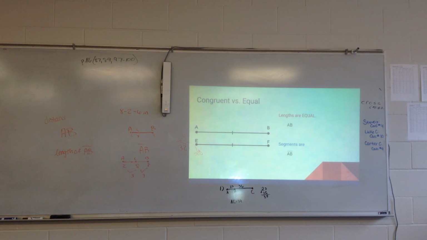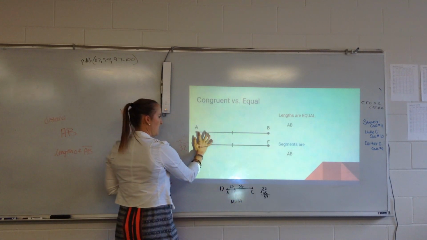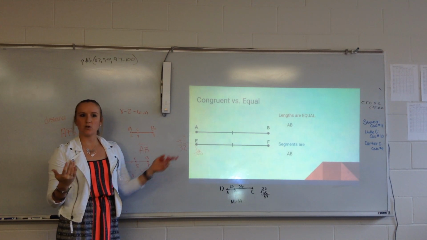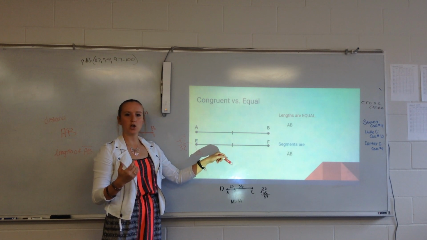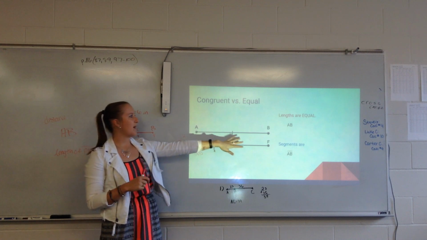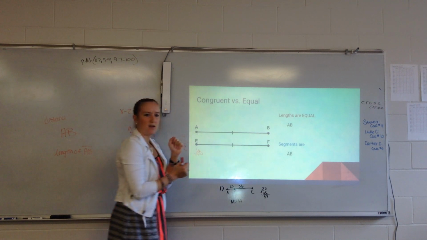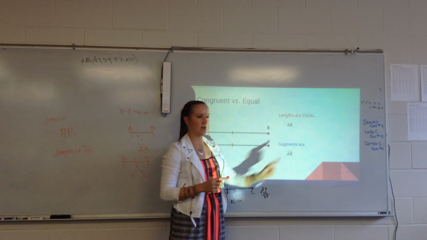Lengths equal, figures congruent. Can anyone tell me how I'm going to write that then? This hash, or this tick mark, we've gotten to know means that they're what? These two segments are congruent, right? We've learned that tick means they're congruent. So if I want to write out that the distance of AB and the distance of EF are equal, how am I going to finish that?